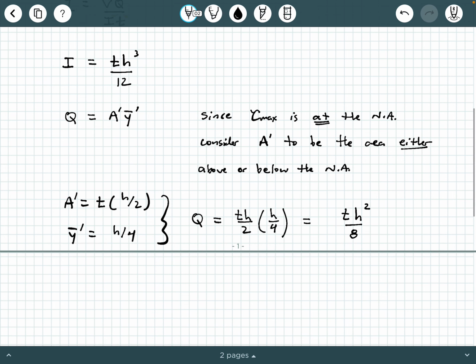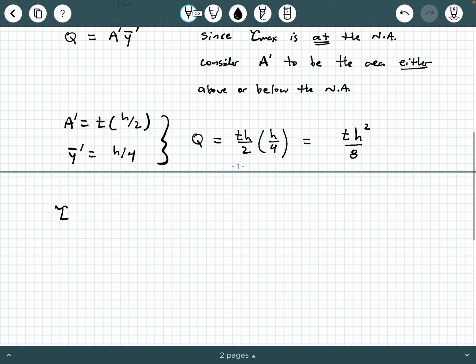Just to be organized, we're going to rewrite this. We're going to say tau is VQ over IT. V is V, that was shown in our self-drawn figure.